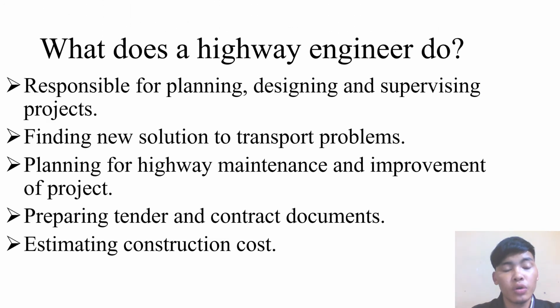What does a highway engineer do? A highway engineer is responsible for planning, designing, and supervising projects, finding new solutions to transport problems, planning for highway maintenance and improvement of projects, preparation of tender and contract documents, and estimating construction.